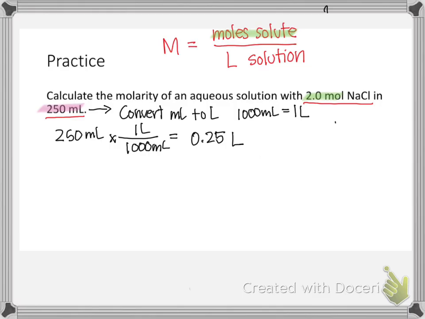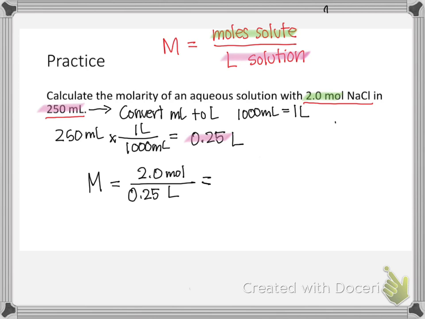So now, knowing that, I can take 0.25 and plug it here. So my molarity is going to equal 2 moles on the top over 0.25 liters on the bottom.